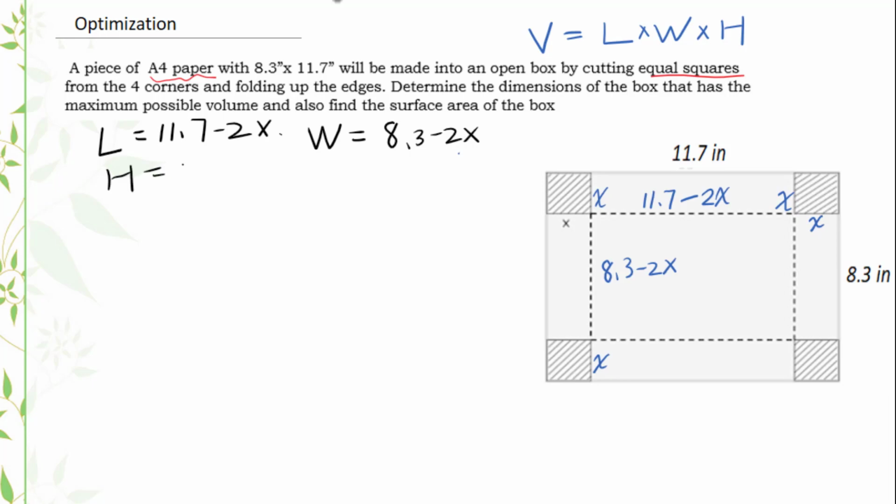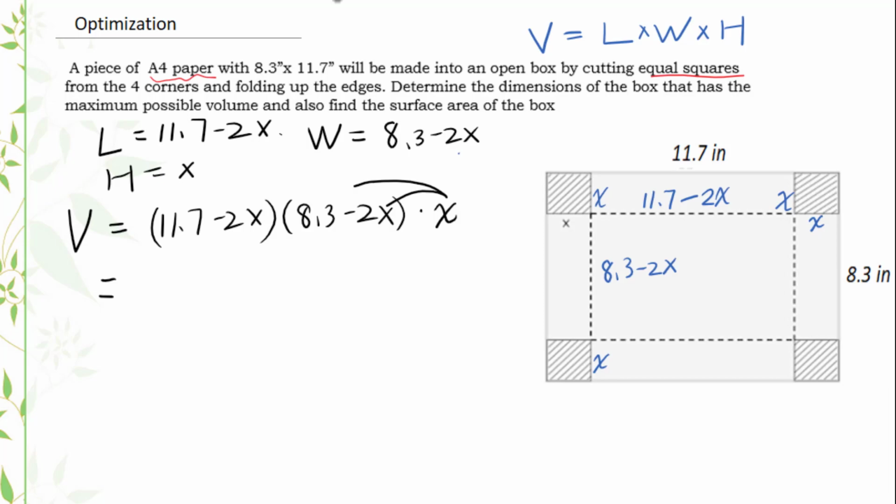Height equals x. So the volume equals 11.7 minus 2x, 8.3 minus 2x, then times x.